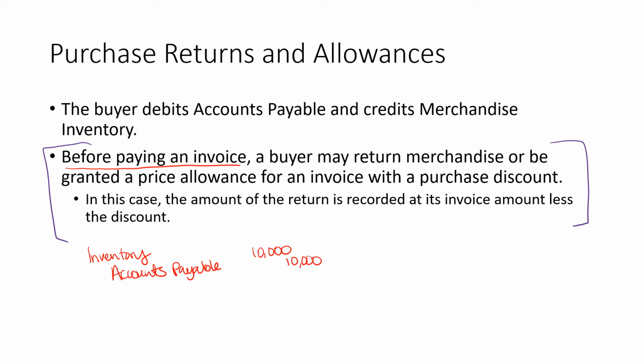If they then realize that they're going to be returning $1,000 worth of inventory, they would then go back and prepare an additional journal entry to reflect that returning $1,000 worth of inventory. So what they would do then would be to debit accounts payable and credit inventory for the $1,000 worth that's being returned.